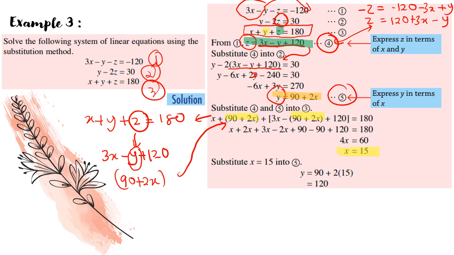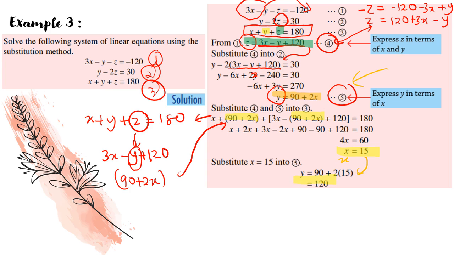Substitute x is equal to 15 into equation number 5. See here, in equation number 5, you only have x, you don't have z. So you can solve the value of y. So 90 plus 2x. Okay, x is 15. So y is equal to 120.